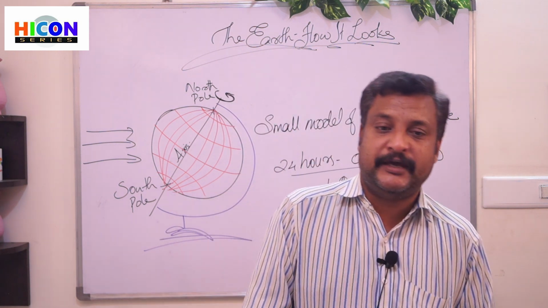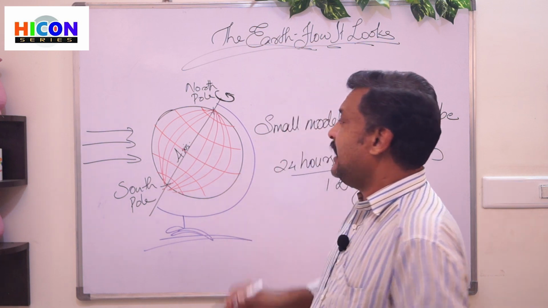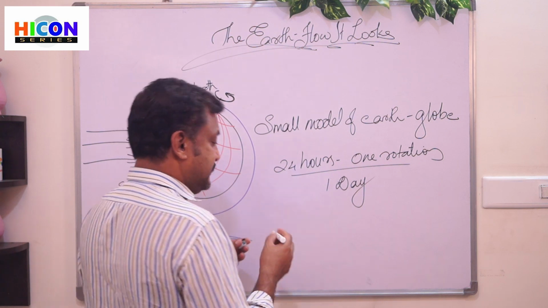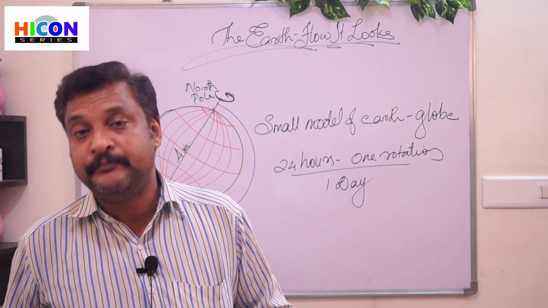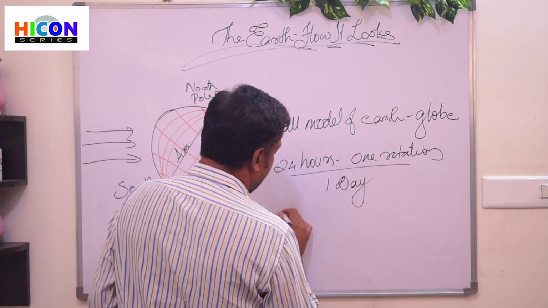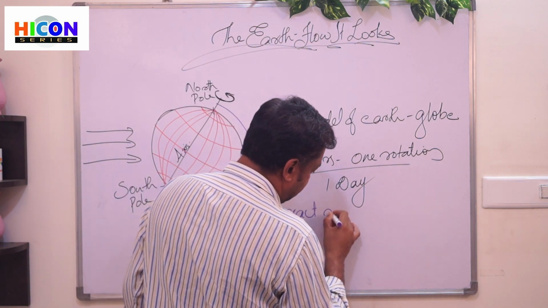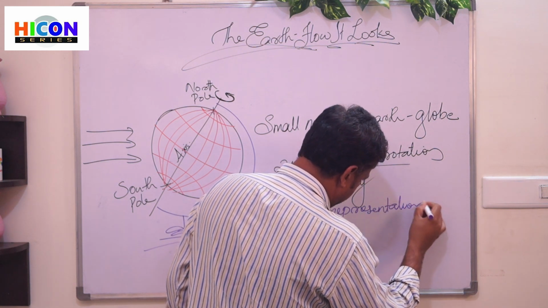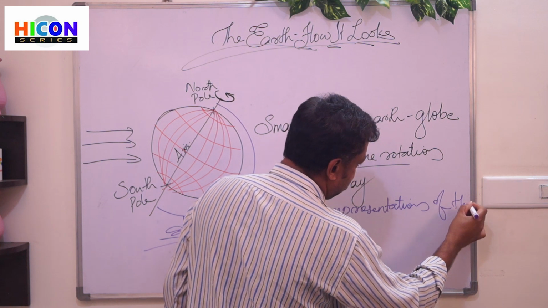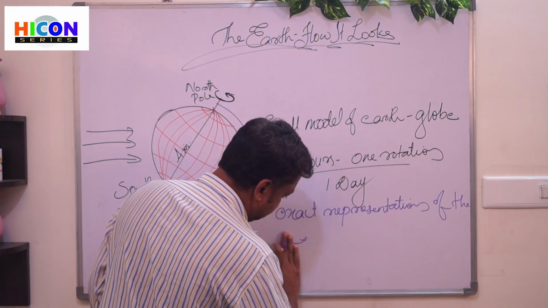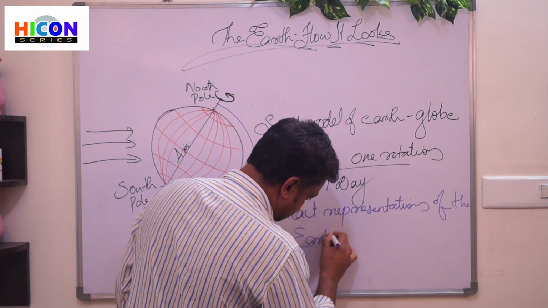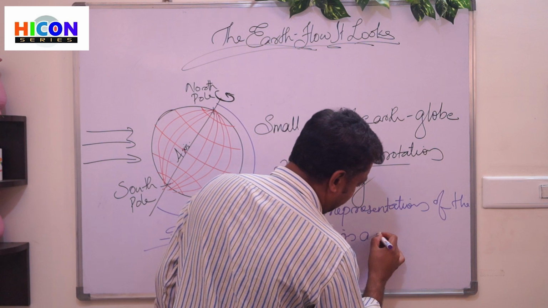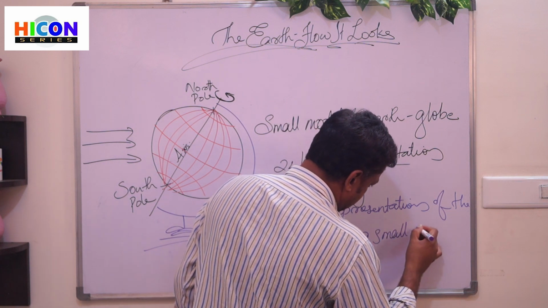So in this way, a globe is an exact representation of the earth on a small scale. So what do we say? The globe is an exact representation of the earth on a small scale.